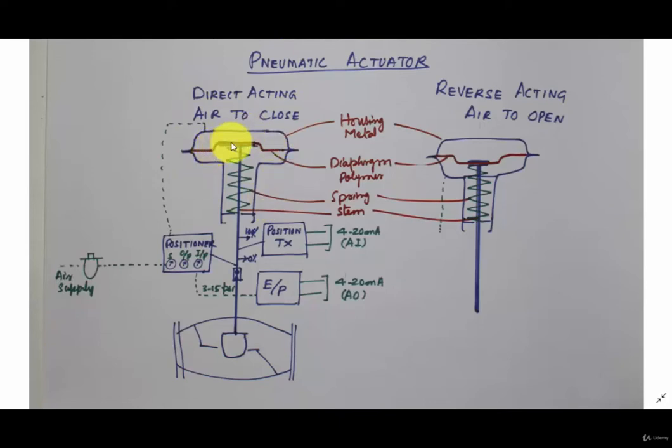Here the main part is a diaphragm. The diaphragm is a key element in these actuators. This diaphragm is made of some polymer, nitrile or some other material, so it is elastic. Elastic means it will go up and down, and it is housed in a metallic housing.